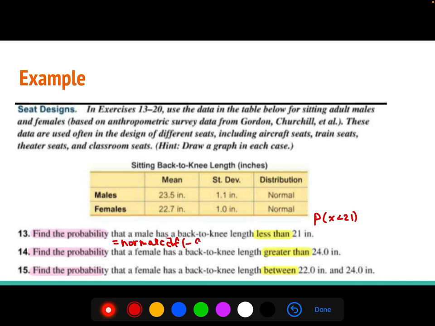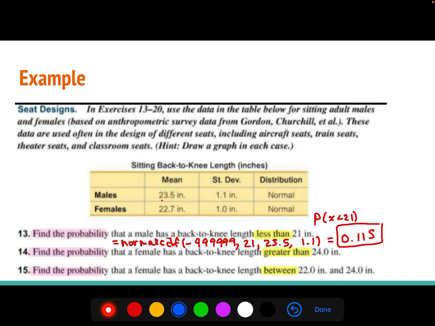And this is the normal CDF of my smallest number, and 21. And my mean for men is 23.5 according to the table, and 1.1 for the standard deviation. Put that in the calculator and I get 0.115. That's the probability that men have that.